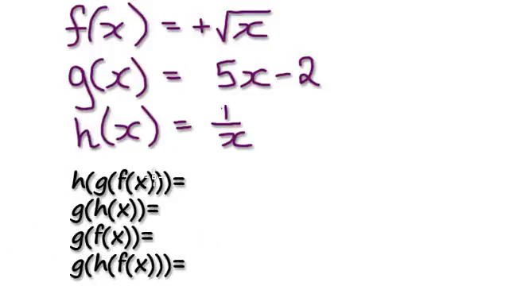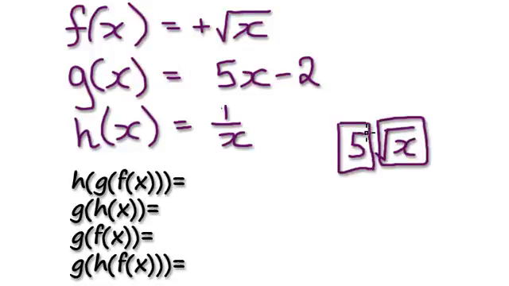Okay, for the first one, f of x, put it into g. It will look like this: 5 root x. So at the moment you've got this thing times this thing, and then minus 2.